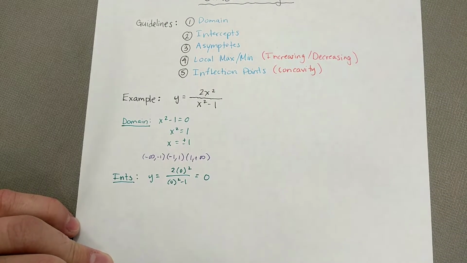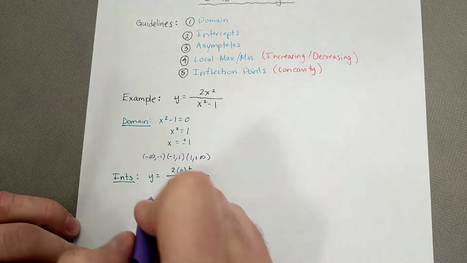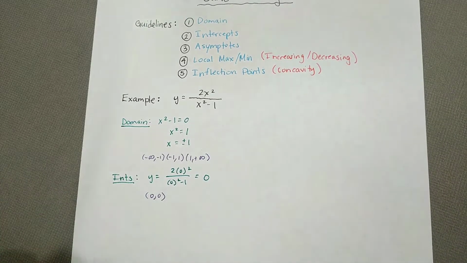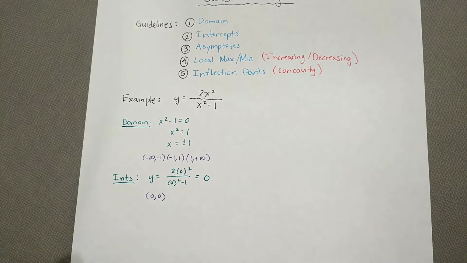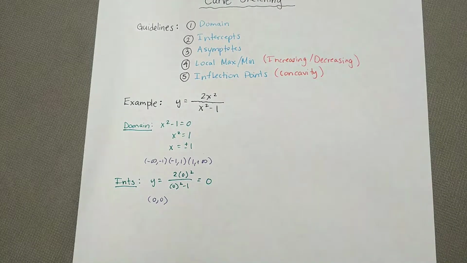So the point is (0, 0), which means that both my x and y intercept are the point (0, 0). So this thing goes through the origin. That's good to know. And there's no other x-intercepts that come out of this either. You can check really quickly and set this equal to 0. It'll only happen there. Sometimes with rationals, there's a couple of x-intercepts.